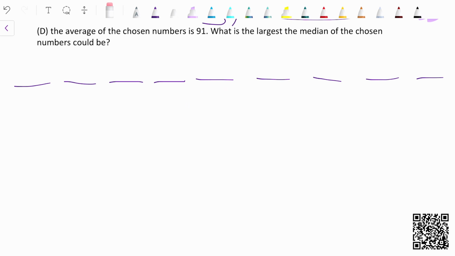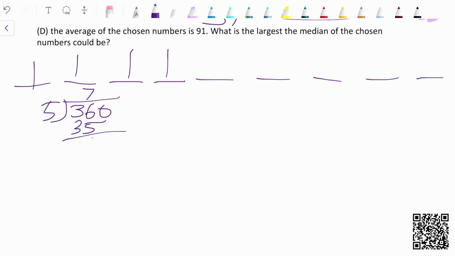And we're going to set the first 4 numbers as just 1 to maximize the output, quote unquote, of the other 5 numbers. And since these guys are each missing a 90, just like usual, 4 times 90, which is 360, which we can split within the 5 numbers. So we just go 360 divided by 5, which is 72.